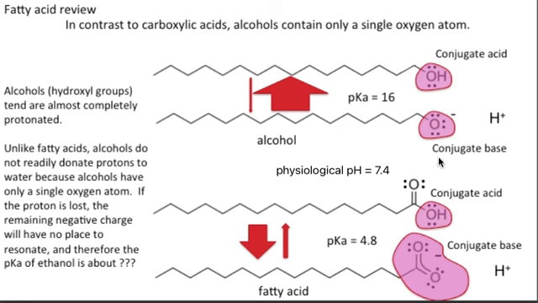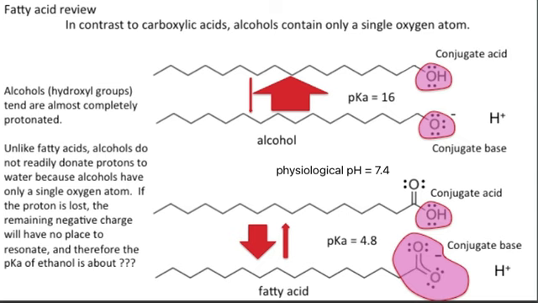At the other end, since the physiological pH of 7.4 is about 8 pH units below the pKa of an alcohol, there will be more than 1 million hydroxyl groups for every one alkoxide. So alcohols, as you can see, really don't want to give up the proton, whereas carboxylic acids really do.